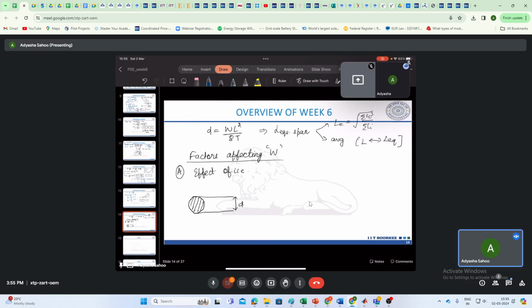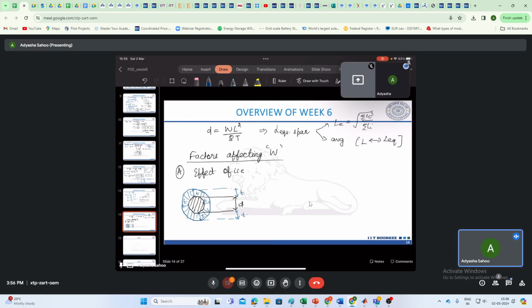We consider that the ice is uniformly surrounding the conductor, that is, everywhere a thickness T of ice is formed on this conductor. So this is T, this is also T.